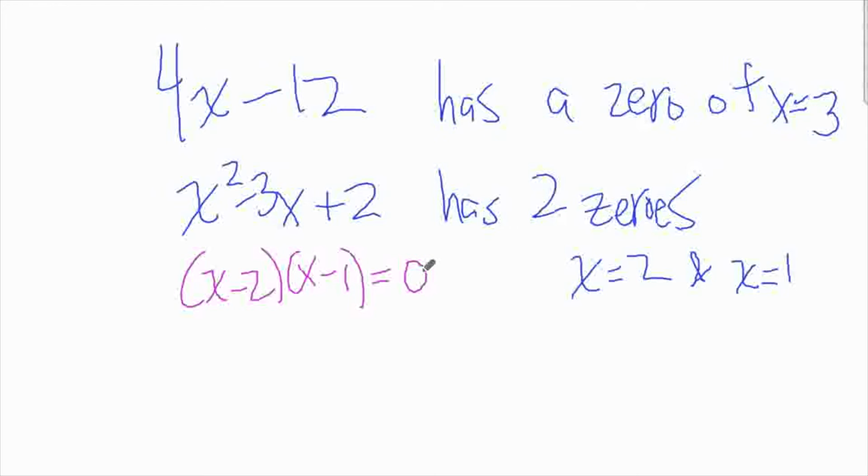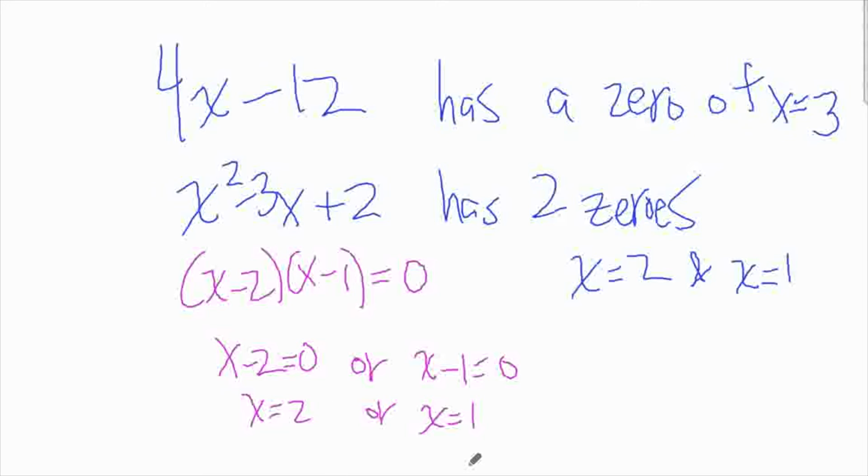Now, the only way that a product, and that's what I have here, is each of those two blobs multiplied, whenever you have something multiplied together, that makes a product. So the only way that a product could be 0 is if one of the things being multiplied is a 0. So in other words, that means that x minus 2 equals 0, or x minus 1 equals 0. So x equals 2 or x equals 1.